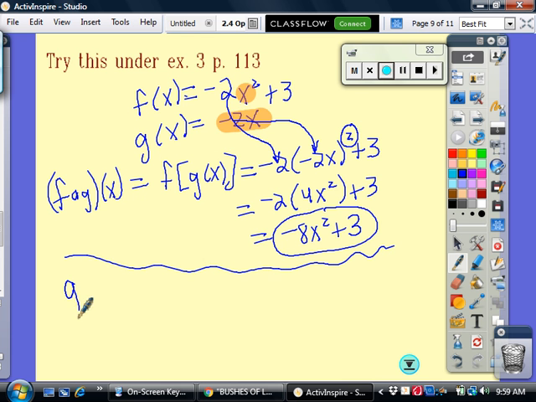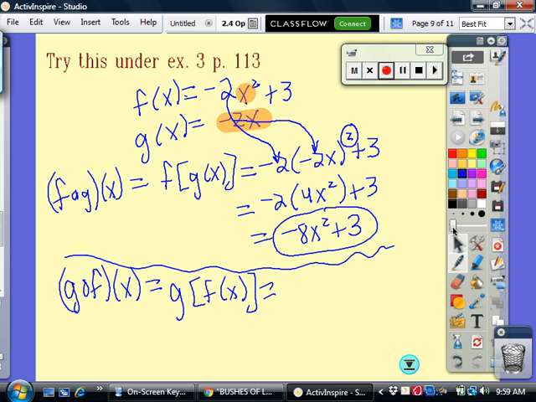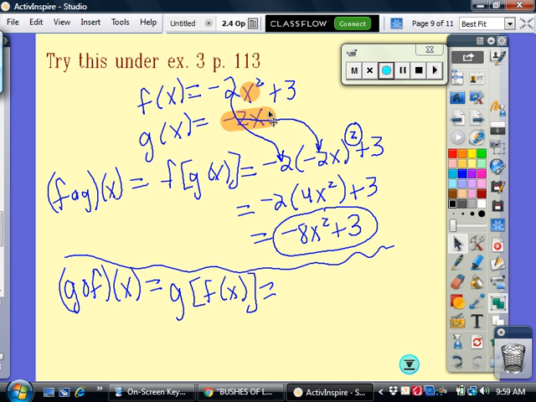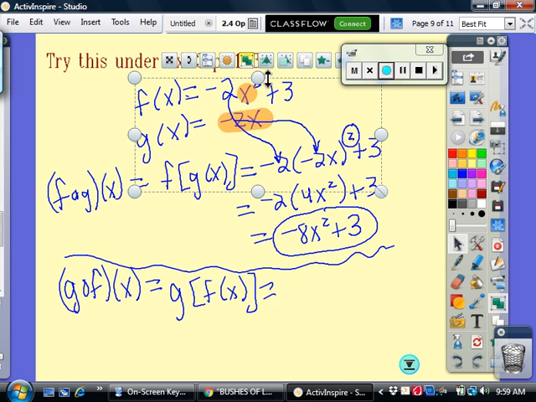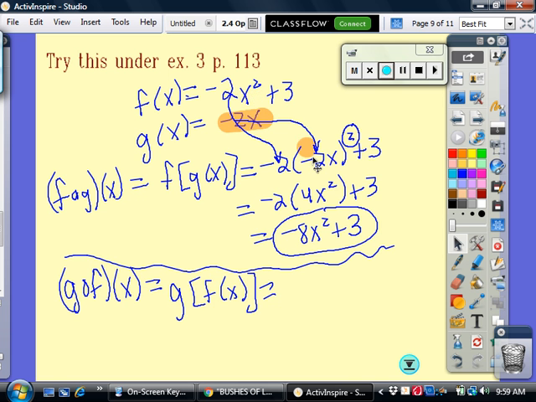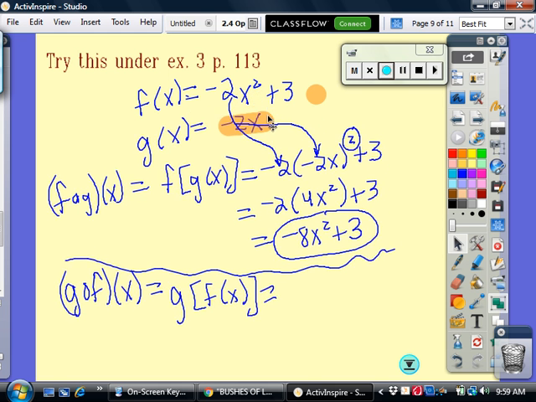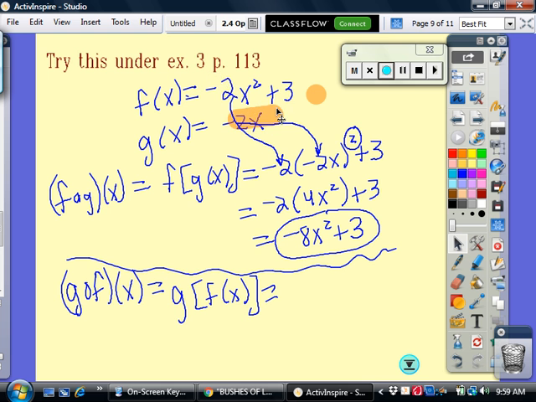All right, see if you can find g of f. And that means you're going to plug f into g. You're going to go the other way. All right, so this time you're going to take this whole thing and you're going to put it here.